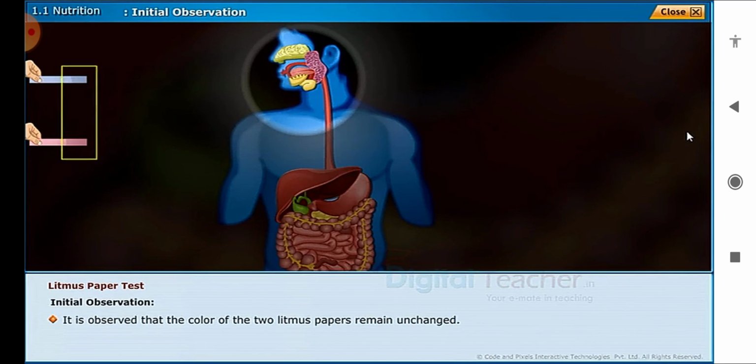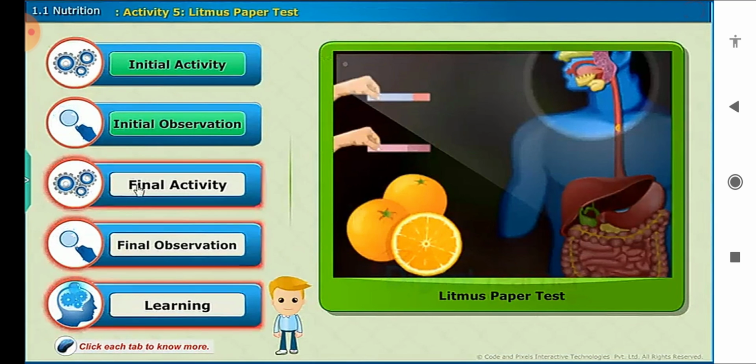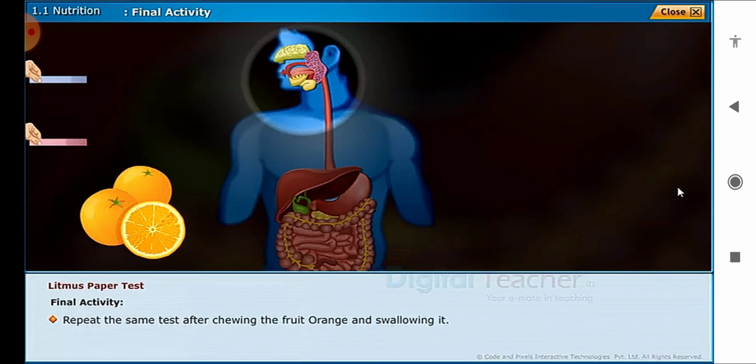Now, let us do an activity to learn about the nature of our saliva after chewing the food. Repeat the same test after chewing the food, orange, and swallowing it.